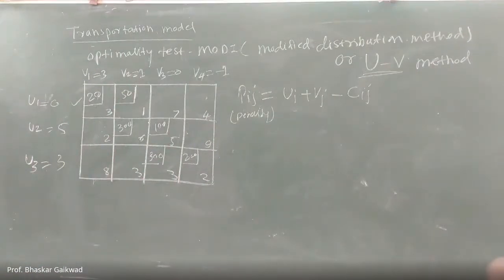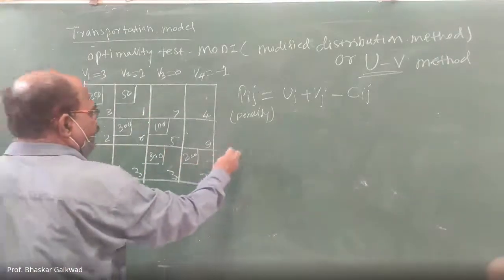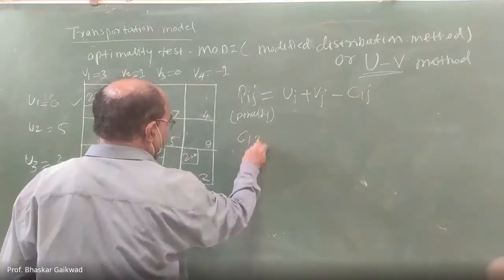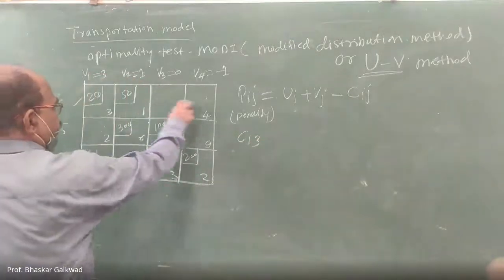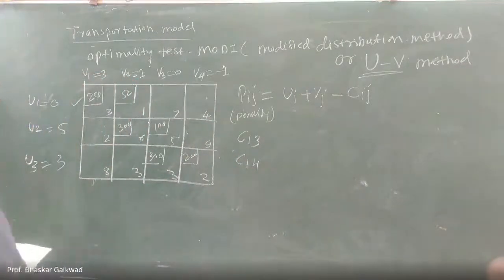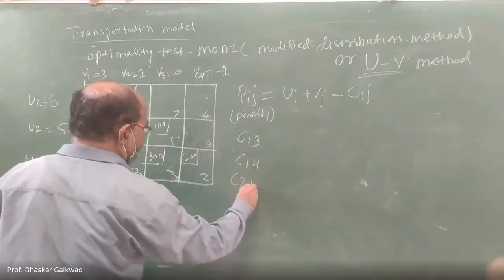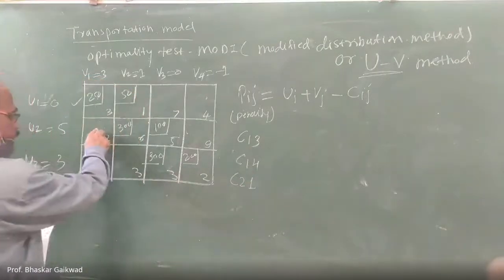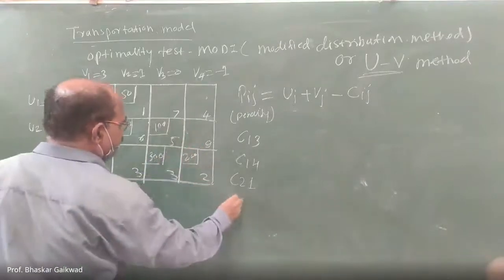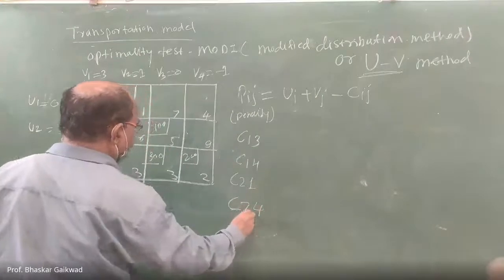So first cell C13, first row and third column. Then first row, fourth column. Then this one, second row, first column. Fifth one, second row, fourth column.